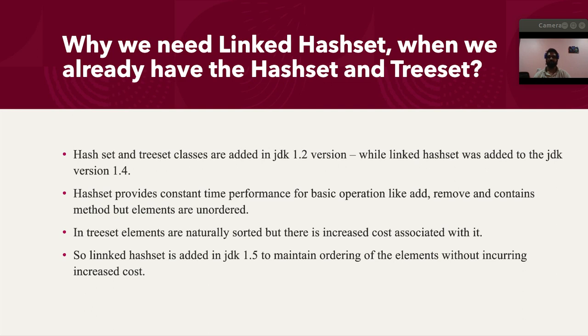Actually, in hash set and tree set, we don't get the option to store elements in the order of insertion, right? So this was missing. With the linked hash set, this limitation is overcome, and we are able to maintain the ordering of the elements, right?